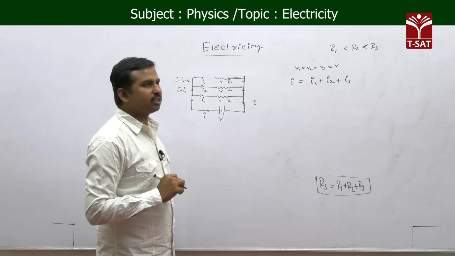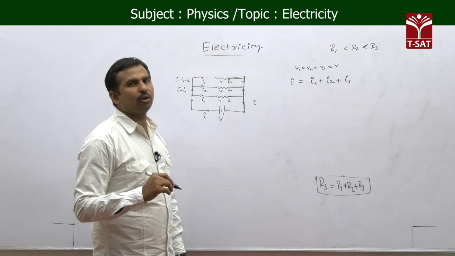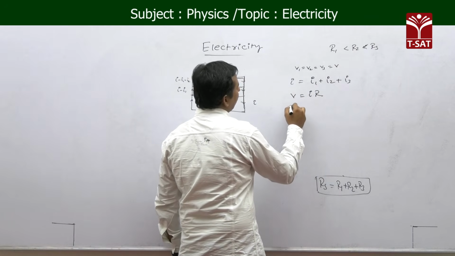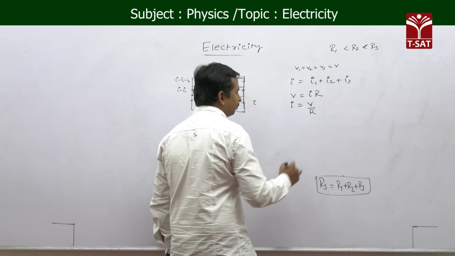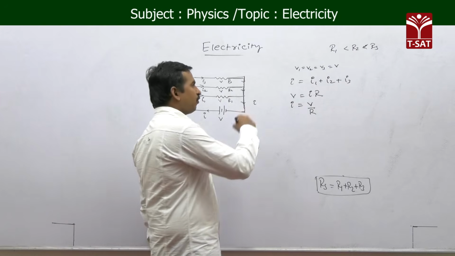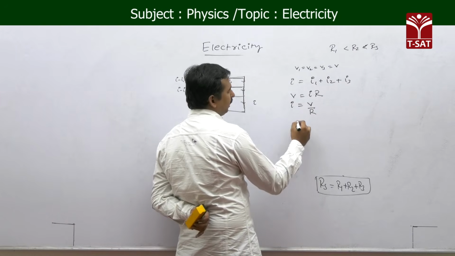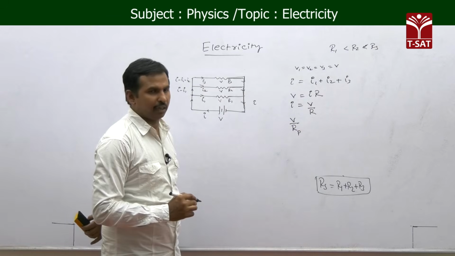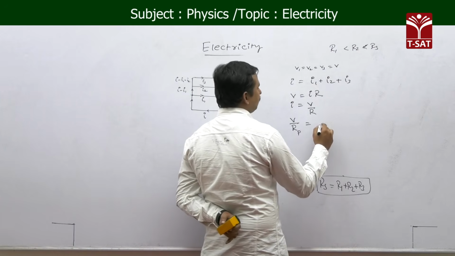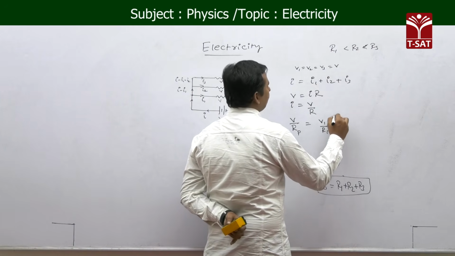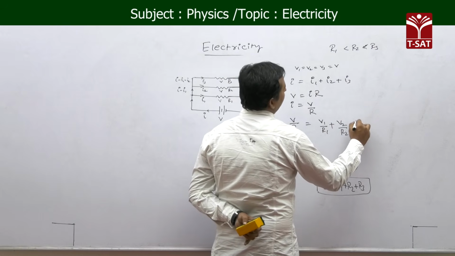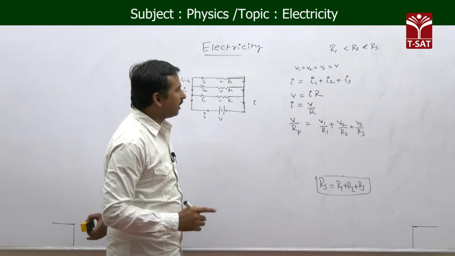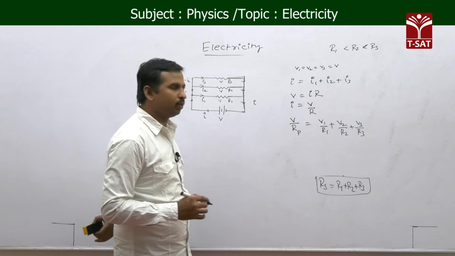And we know that as the resistance is different here, V is equal to IR, then I is equal to V by R. If you substitute that here, the total current with the complete voltage is V by Rp, the resistance offered when in parallel, equal to I1 which is V1 by R1, plus I2 which is V2 by R2, plus I3 which is V3 by R3. And we know in all cases the voltage difference V1 equals V2 equals V3.